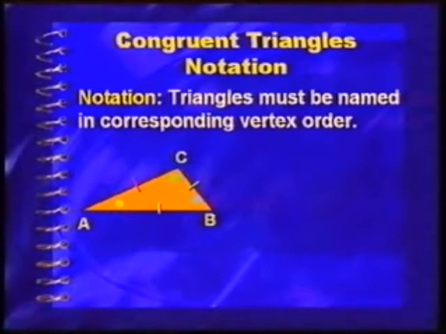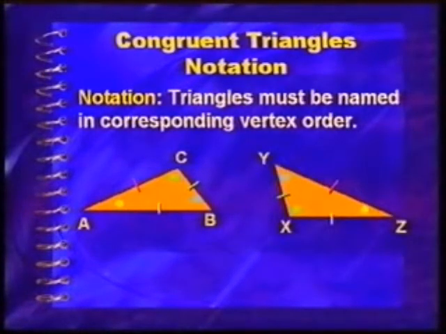Now it's very important that when you deal with congruent triangles that you get the order correct in which you name the triangles. And I've got that written out here. If you have this triangle ABC, for instance, and there's this other one that's congruent to it, XYZ, then you can't just name them willy-nilly and say ABC is congruent to XYZ.